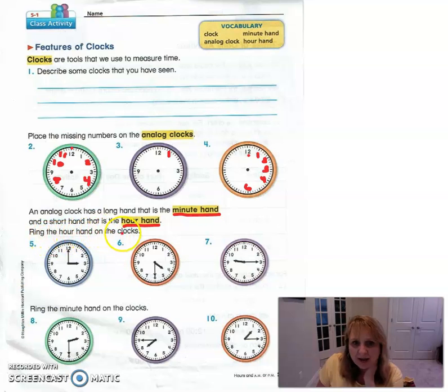Ring the hour hand on the clocks, and ring means draw a circle around it. So on number 5, 6, and 7, I want you to find the hour hand. That's going to be the short hand, and just draw a circle around it like that. Will you go ahead and do 6 and 7? You can pause my video while you finish that up.